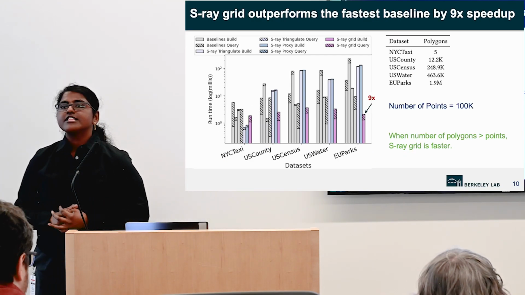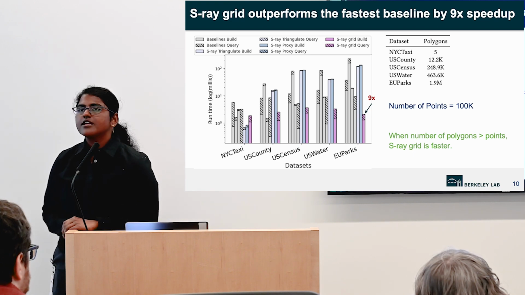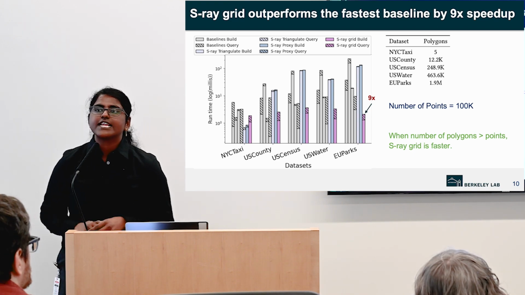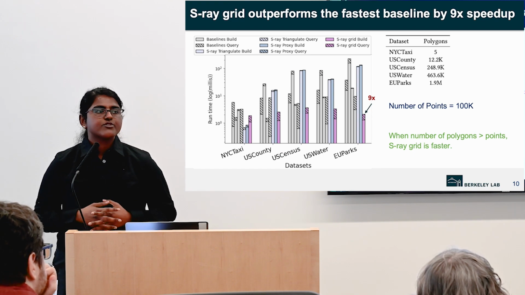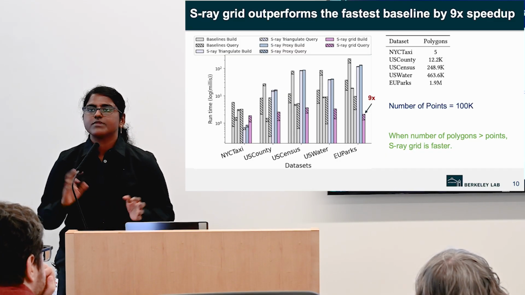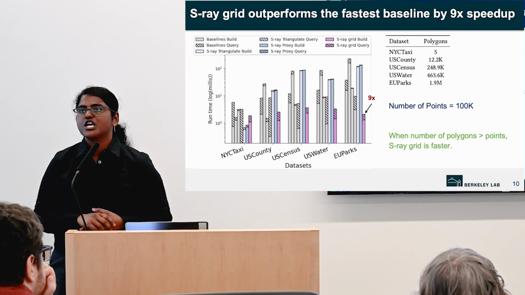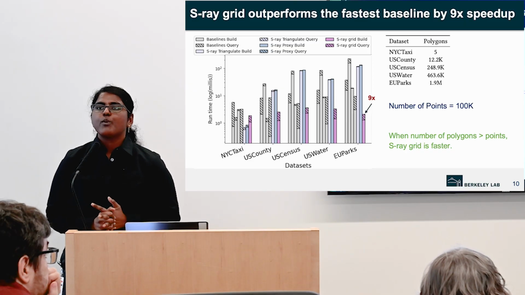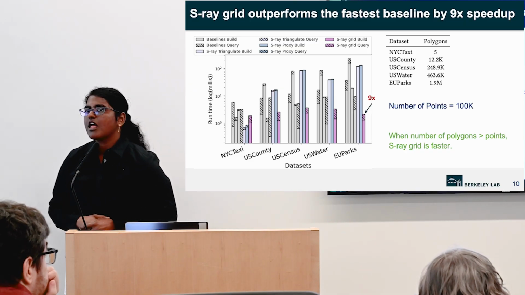And now for evaluation. In this plot, on the x-axis, we have data sets where the number of polygons ranges from 5 to 2 million, and the number of points is 100,000. They're sampled from the same geographical space as the data set. And on the y-axis, we have the runtime in log of milliseconds.